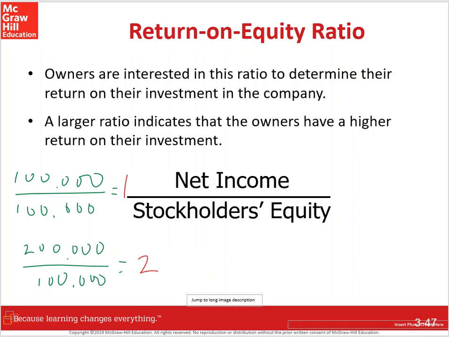And so again, net income over stockholders' equity, and this one can vary a lot depending on how much equity there is in a company. So most likely we'd want to compare this with ourselves, with our own company year after year to see if we're generating more return on investment.